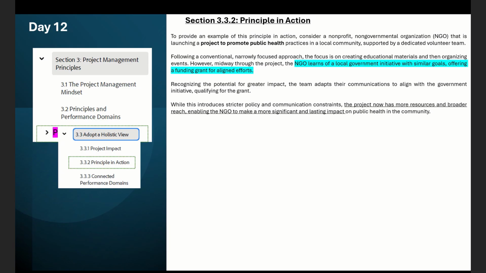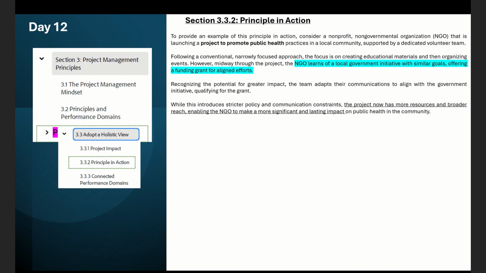We have this specific example in the principle in action, the specific part in the PMBOK version. They show how we can put into practice a real project to promote public health. This part explains a good example: when people try to develop any kind of project but, for any reason, forget the local government initiative, they will probably lose their money and not obtain more resources.